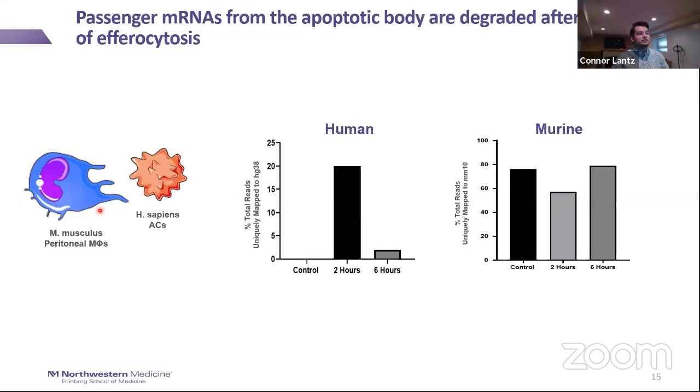This allows us, when performing the single cell sequencing analysis, to identify reads that came from the apoptotic cell, as they would align to the human genome, versus reads that align to the mouse genome, which would be our macrophage genes. Through this analysis, we see that after 6 hours, pretty much all of the passenger mRNAs from the apoptotic body are degraded, suggesting that at 6 hours, our transcriptional data is free of this potential contamination.